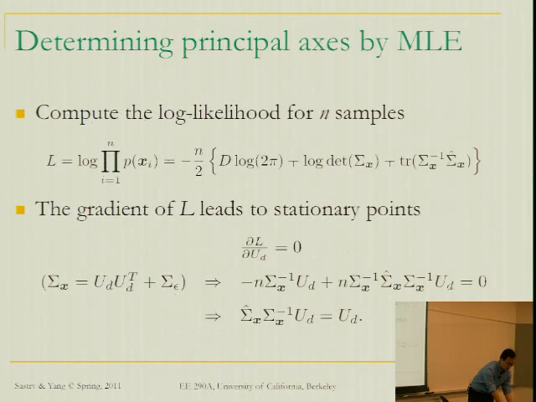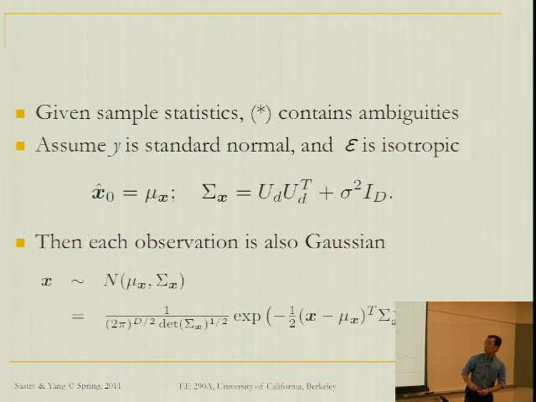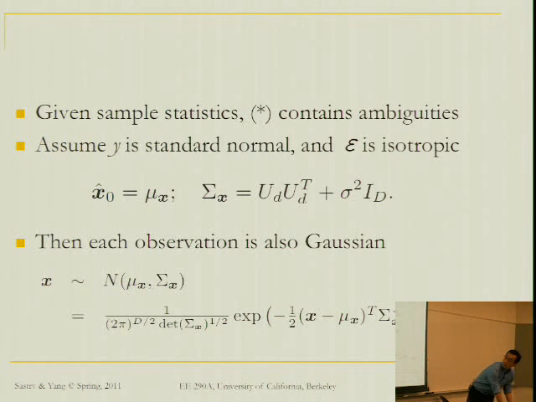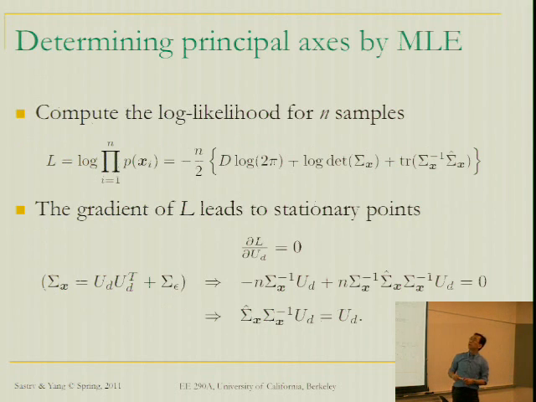You will end up with 3 terms, right? The first term will be this term. The second term will be this term. And then the last term will be this term. So if you remember this equation, is this clear?